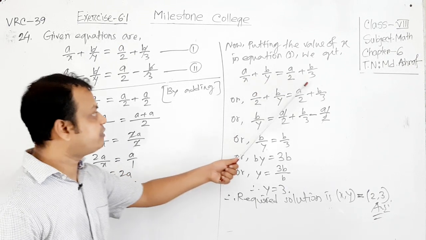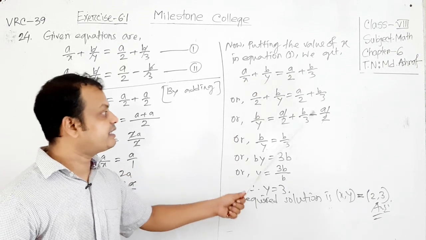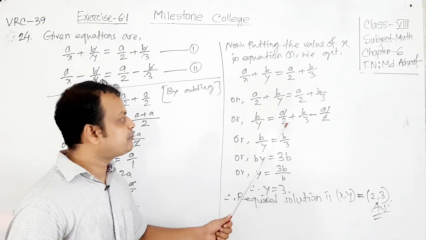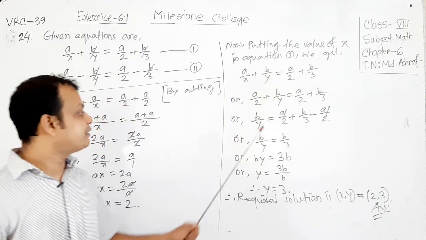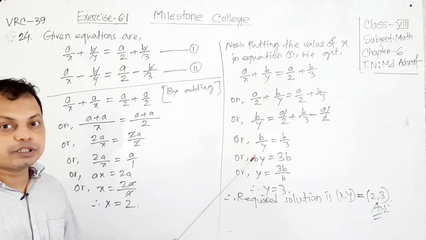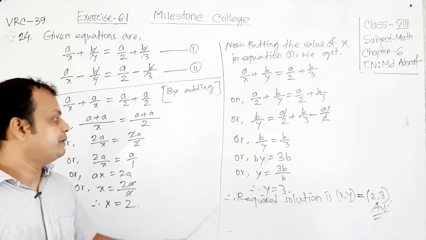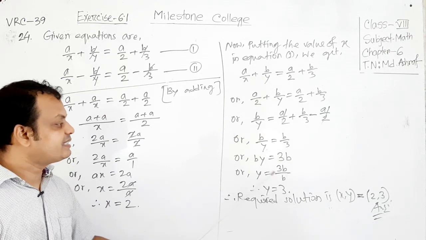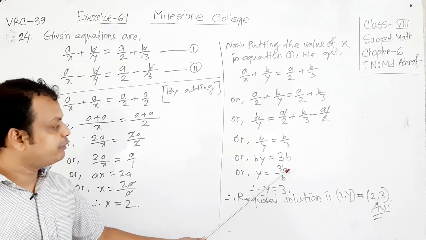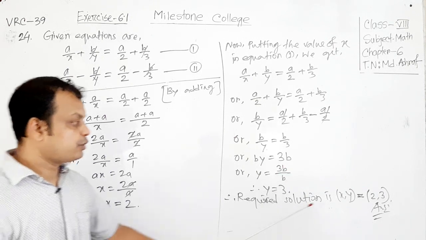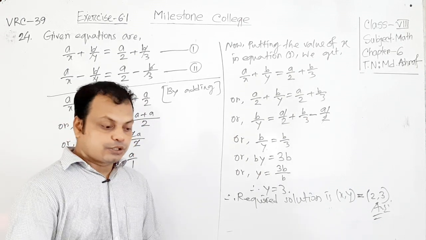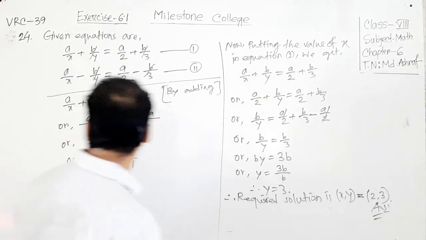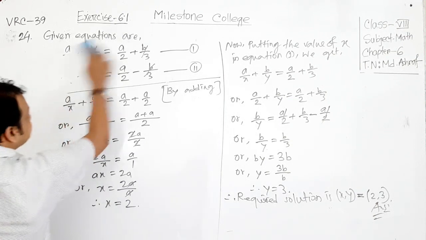Write equation 1 first, then put the value, change its side so it will be minus, then these two terms will be eliminated and we get b by y equals b by 3. By cross multiplication we get by equals 3b, and y equals 3b divided by b, so b and b will be eliminated and we get 3. The required solution is x comma y equals 2 comma 3. We will do the last one after this.